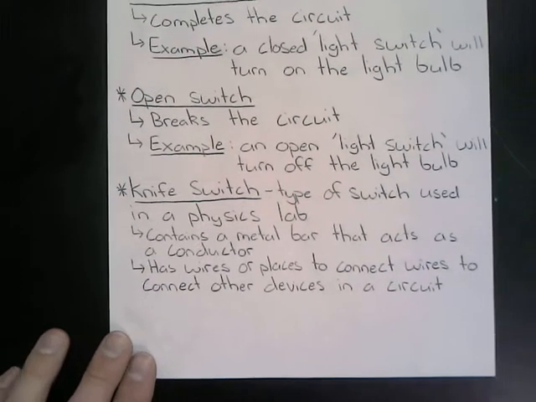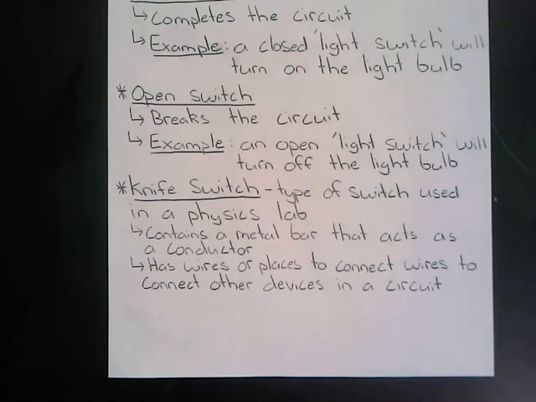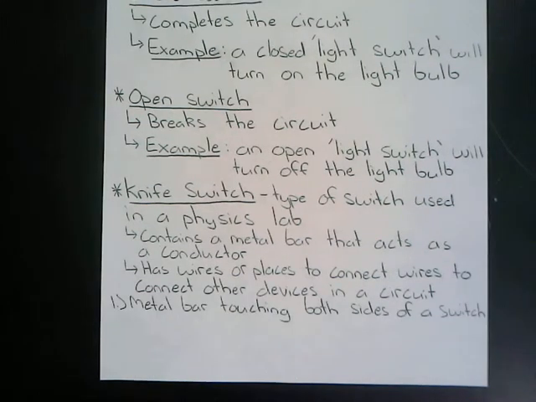We have two main scenarios that we need to talk about with a knife switch. One is where we have the metal bar touching both sides of the switch. What this allows for is for electrons to move through the bar and reach the other side of the switch.